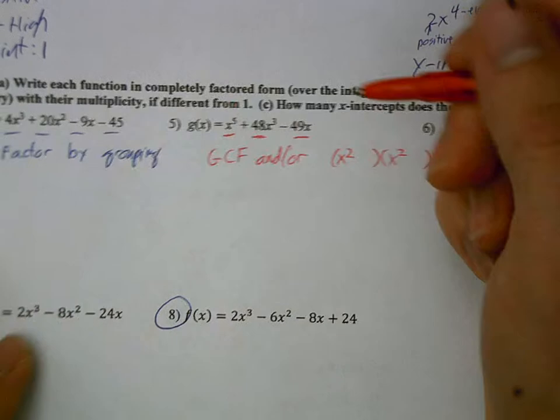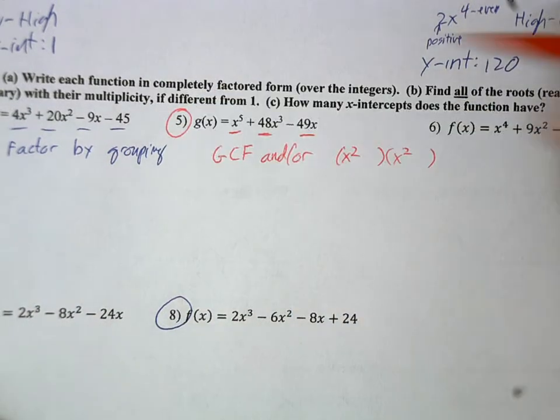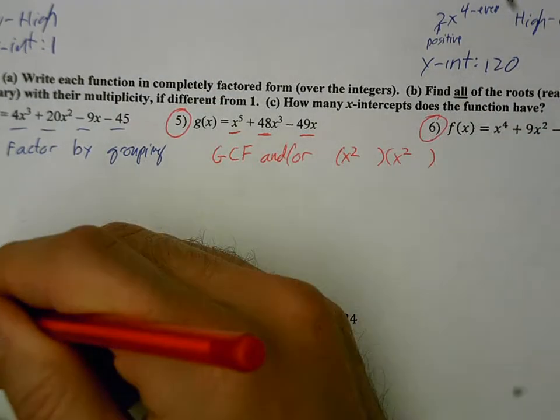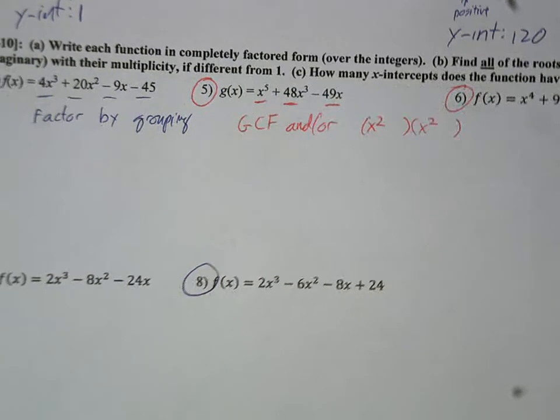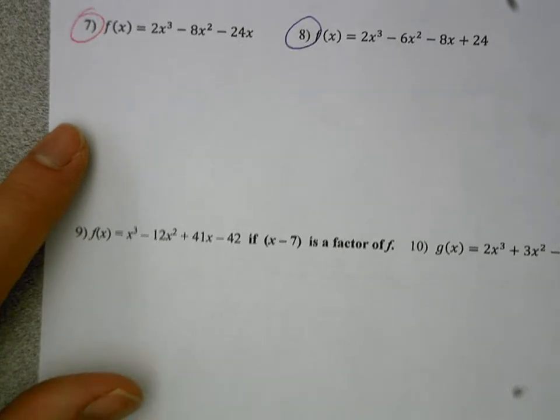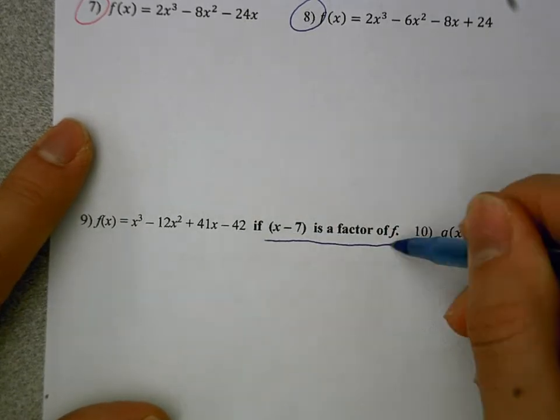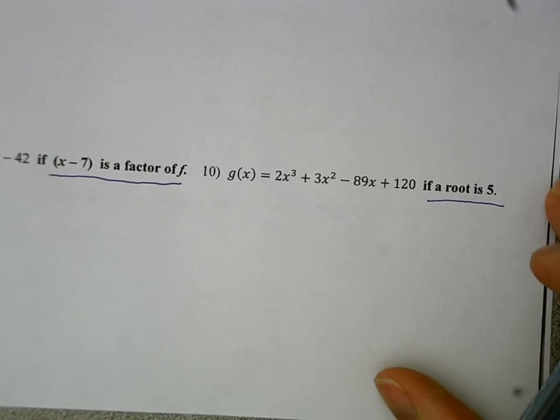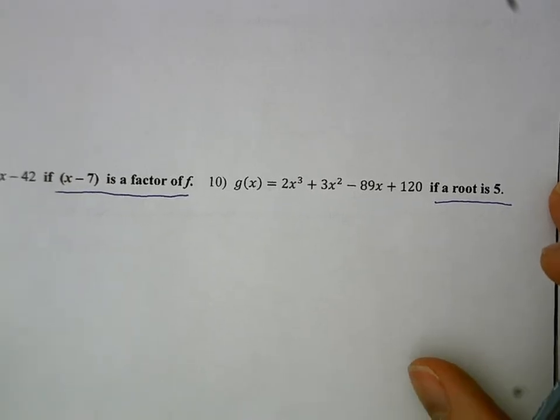So you might do one or both of those. That looks like 5, 6, and 7. And then 9 and 10, if they give you a factor or a root, you're going to be using long division or synthetic division.